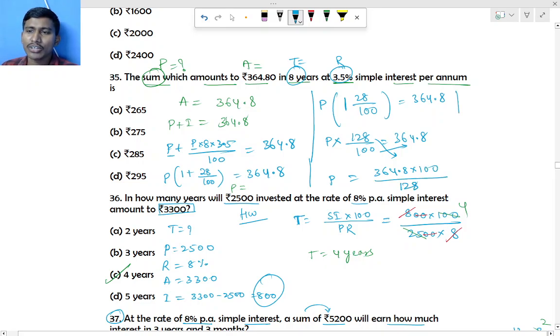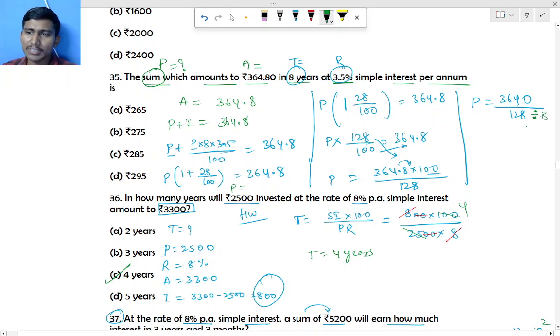Now in this type of question I will tell you a shortcut. P is equal to 364.8 into 100, where the 2 zeros mean the decimal point goes away and 1 zero comes, divided by 128. You cancel it now. 128 will come in which table? 8 table.